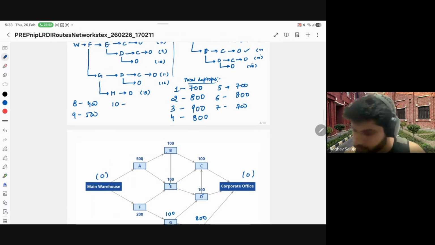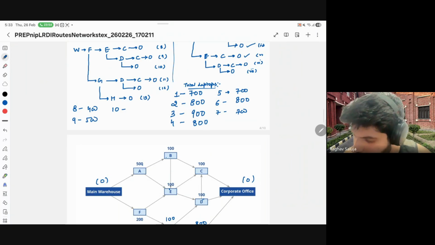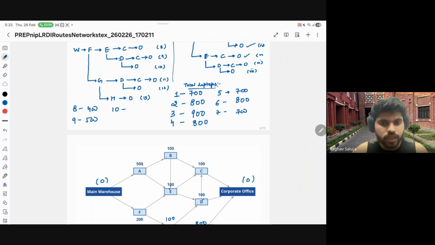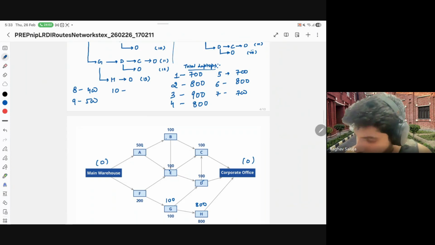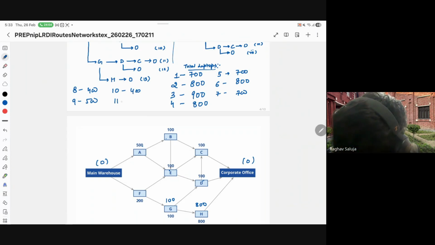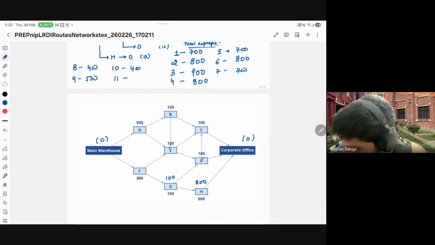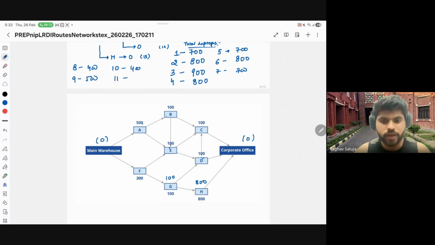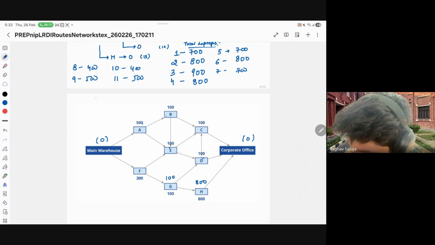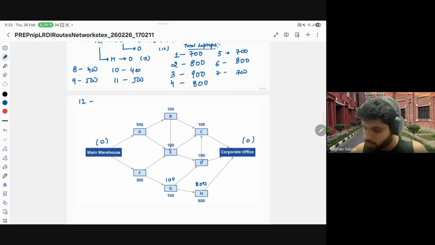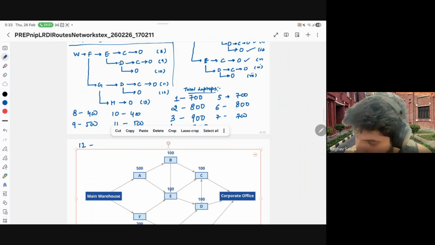10th, FED, simple, FED. Again, it is 400, 200, 100, 100. 11th, FGDC, FGDC, 500. 12th, FGD.